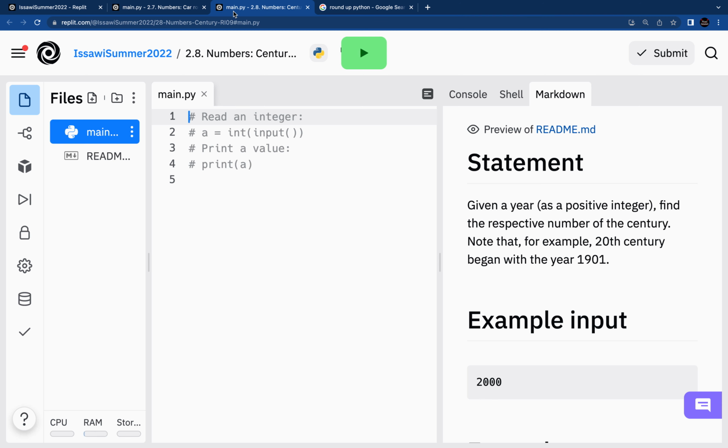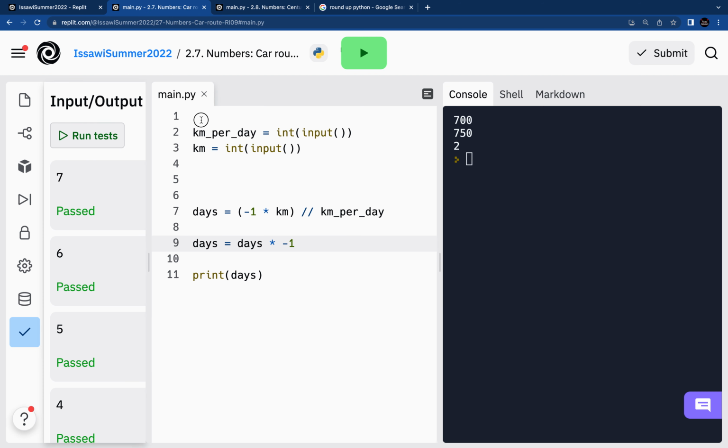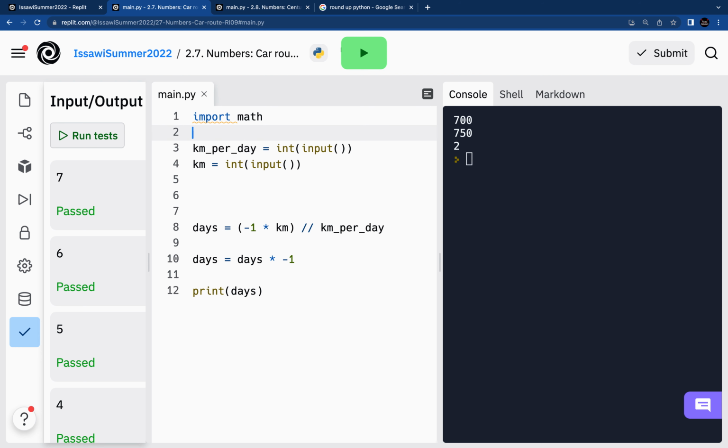All right, so I might as well teach you what that is. Import math, and talk about what import means. Essentially what I want to do is, instead of doing this, I just wrap this up in a function and just call ceil, or math.ceil.